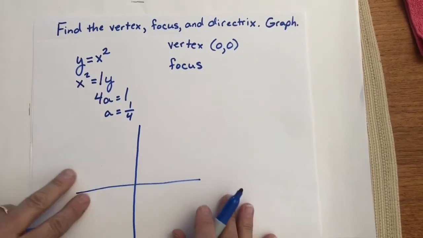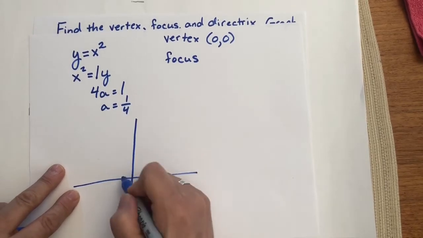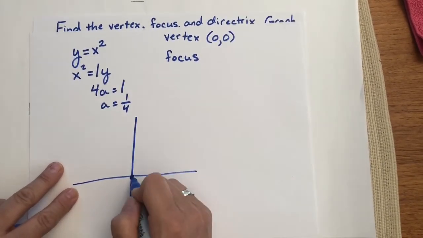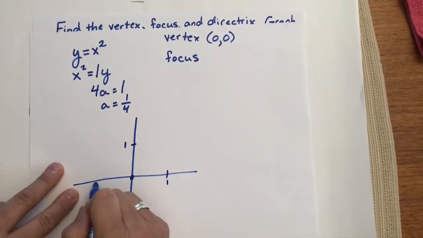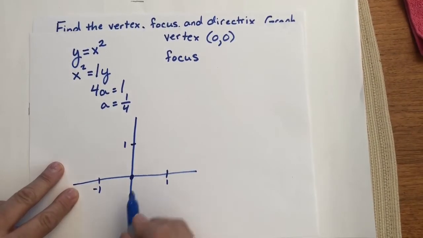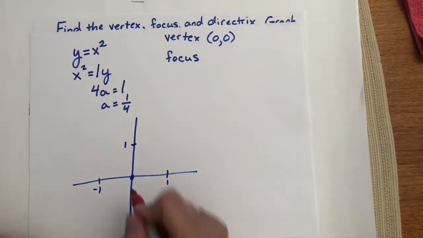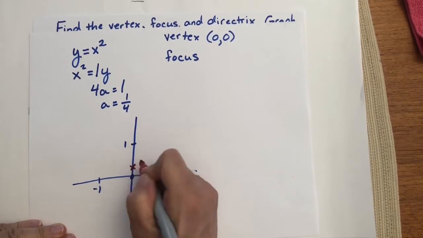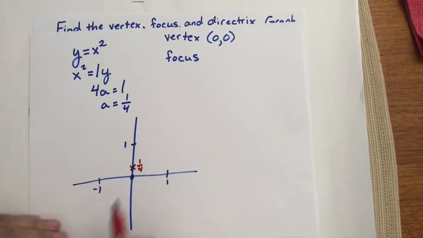Because this is positive, we know it opens up. And we know the distance from the vertex to the focus is 1/4. So let me make my scale look like this. So up 1/4 would be where I would find my focus. So as an ordered pair, that's 0, 1/4.